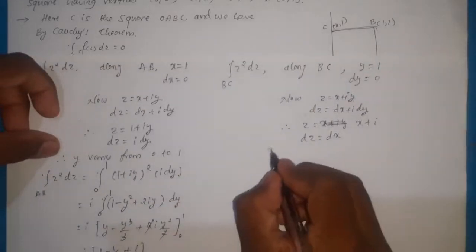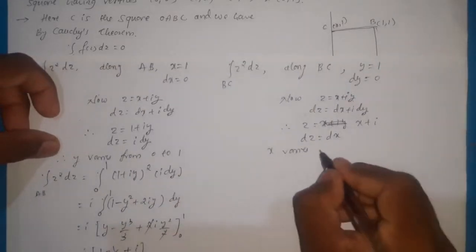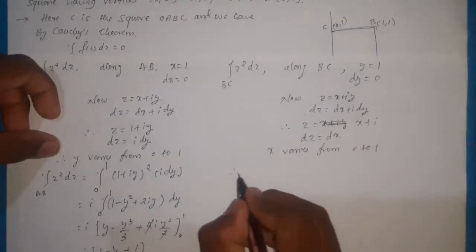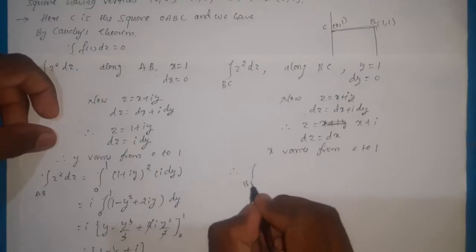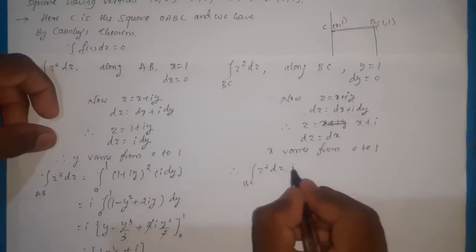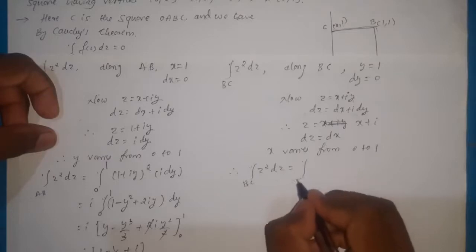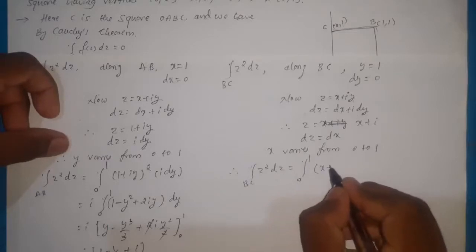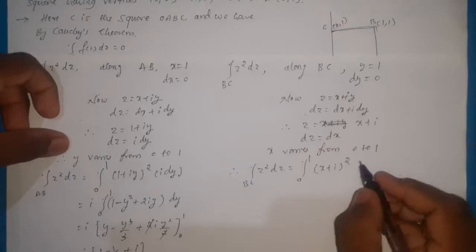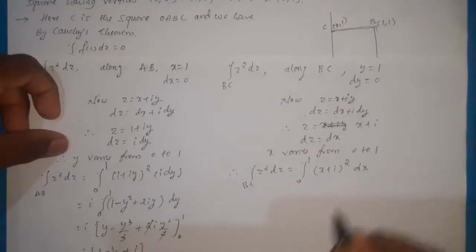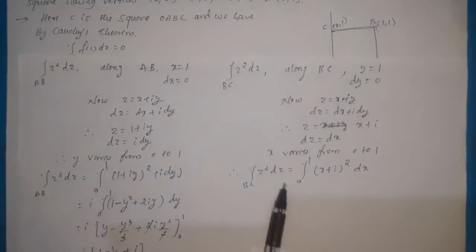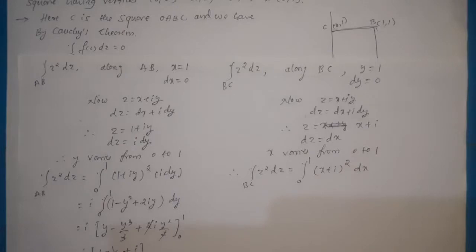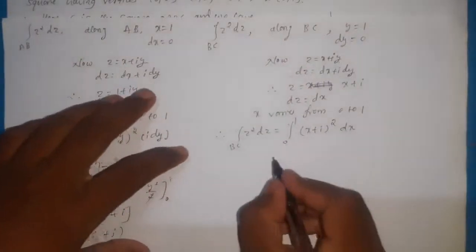And here x varies from 0 to 1. So therefore here integration over BC z square dz is equal to integration over 0 to 1, x plus I whole square into dx, because here z equal to x plus I and dz equal to dx. Then let us simplify this one.